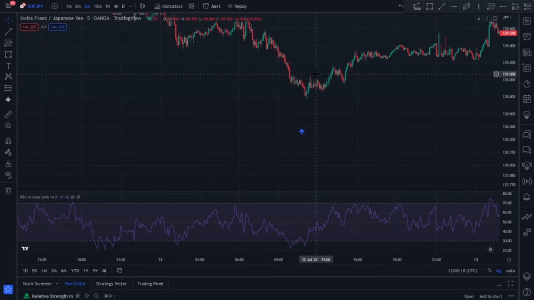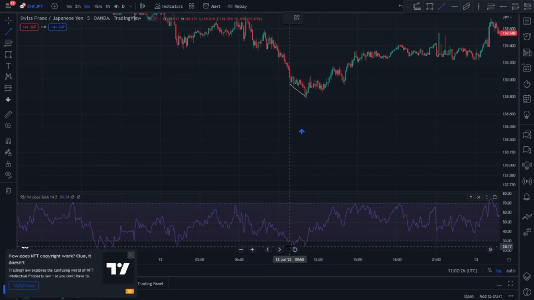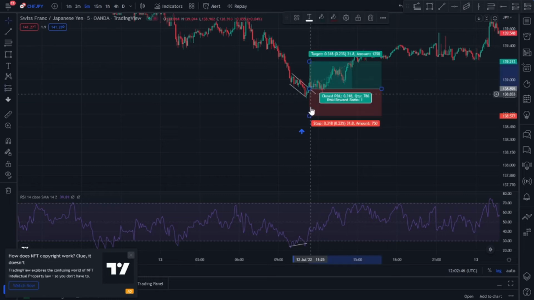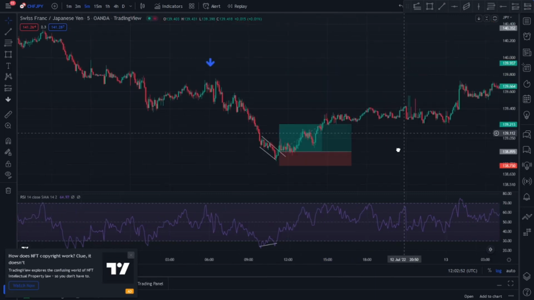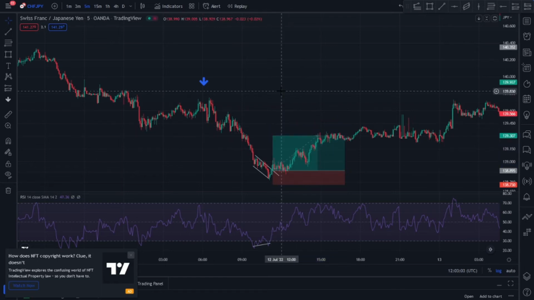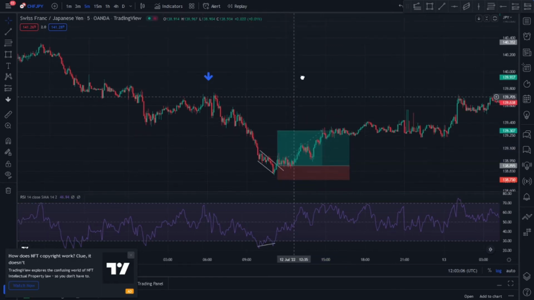We open a long position and set TP and stop loss.